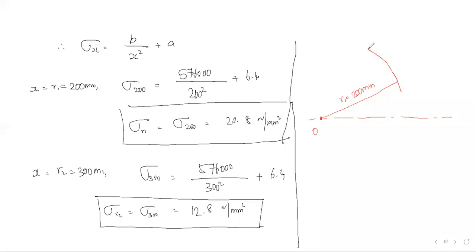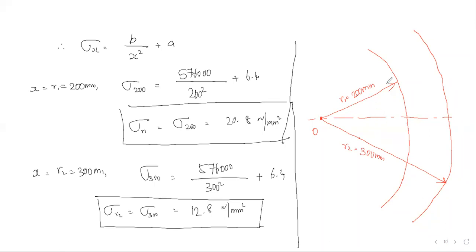Here this is our cylinder, and this is the outer surface of our cylinder. R2 is equal to 300 mm.